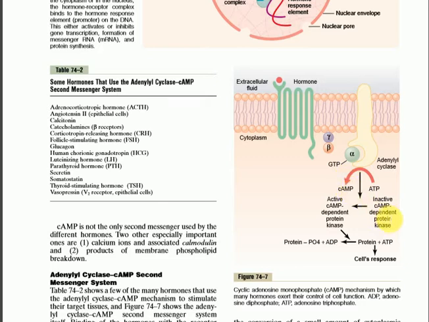This activates another enzyme which is already present in inactive form in the cytoplasm, and that enzyme is known as inactive cyclic AMP dependent protein kinase. Now this is converted into active cyclic AMP dependent protein kinase, and it is responsible for the phosphorylation of the proteins plus ATP.